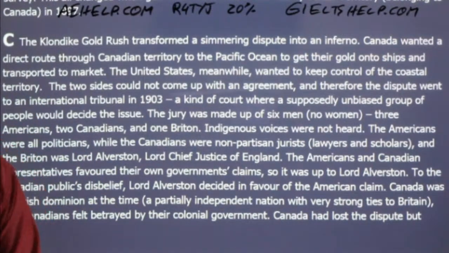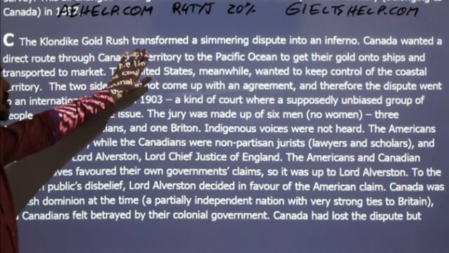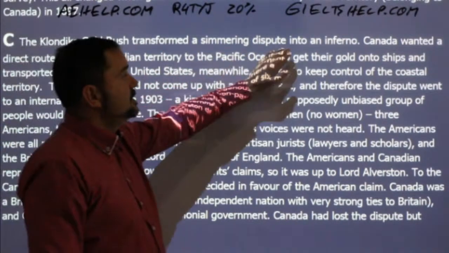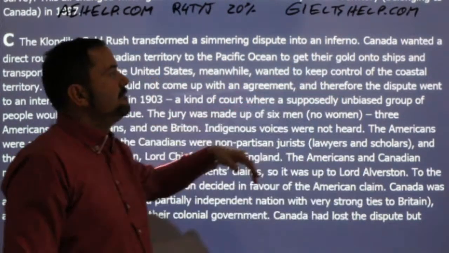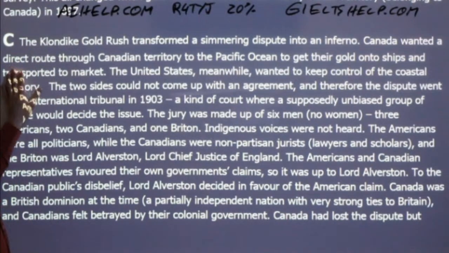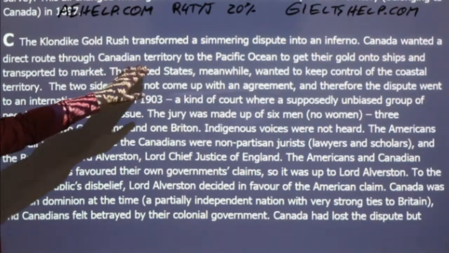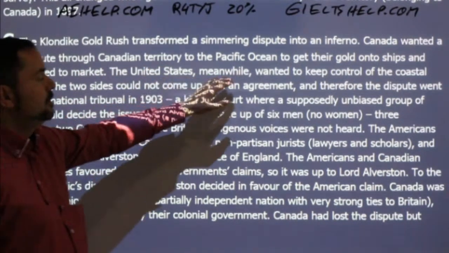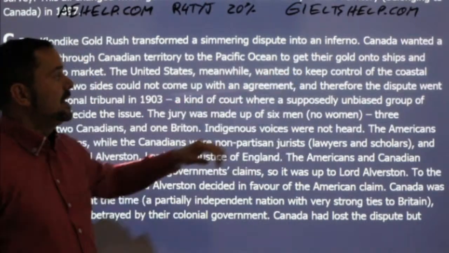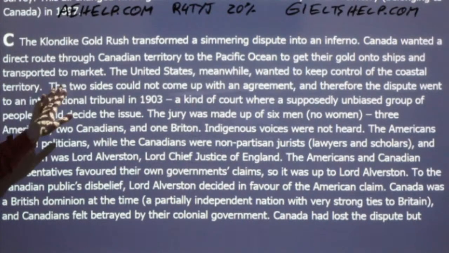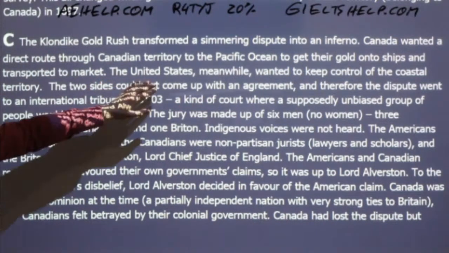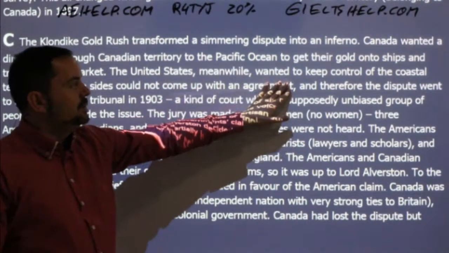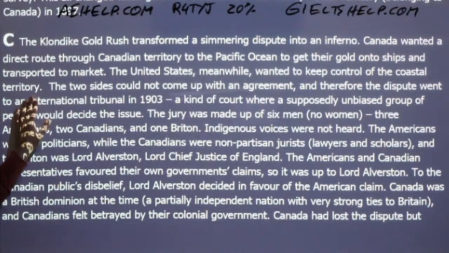Okay. All right. The Klondike Gold Rush transformed a simmering dispute into an inferno. Canada wanted a direct route through Canadian territory to the Pacific Ocean to get their gold onto ships and transport it to market. The United States, meanwhile, wanted to keep control of the coastal territory.